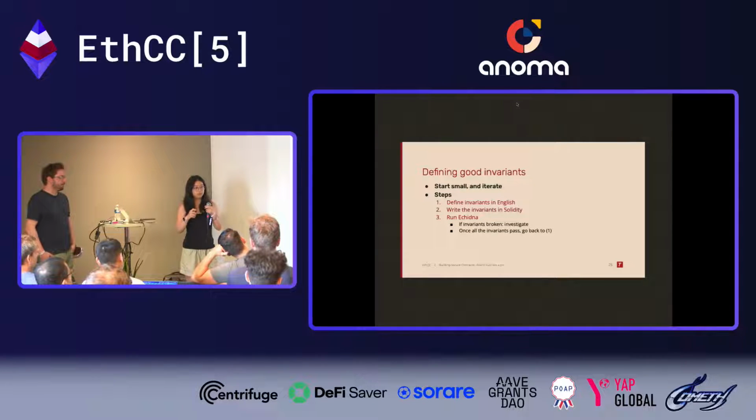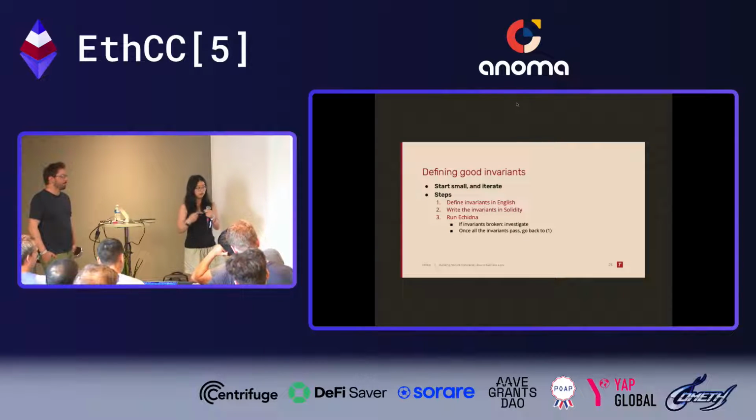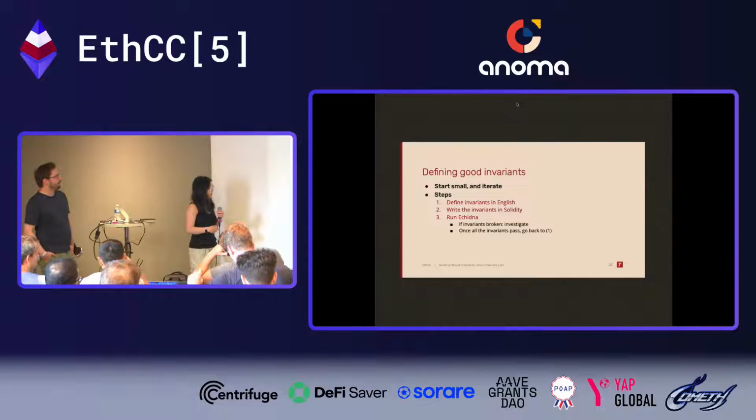This is the baseline. We need to know what the code does in order to even define what property should be holding true. Once we get that, through documentation, through talking to developers, understanding use cases, and understanding the context in which functions or contracts are used, then we can start writing them into Solidity.